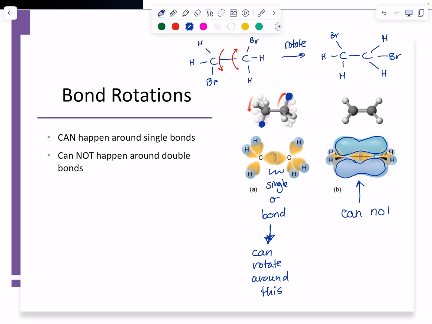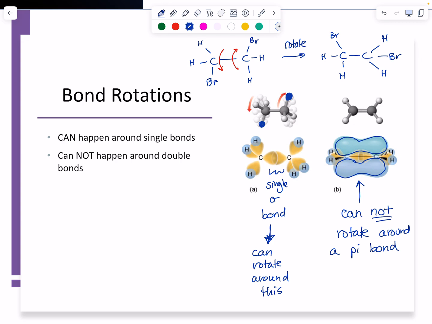We cannot rotate around a pi bond, because to do so, you'd have to create a state where the electrons are likely to be nowhere. And we know the electrons exist and they have to be somewhere. So that's kind of why you can't.